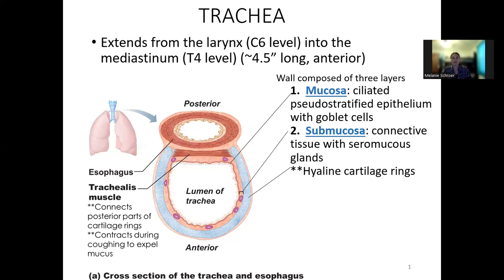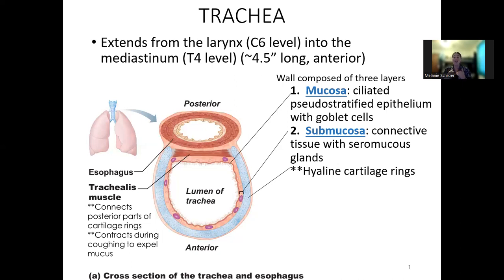In addition to just having some loose connective tissue, maybe with some glands embedded in there, maybe with some blood vessels embedded in there to feed this epithelial tissue lining, what is really distinctive about the trachea is that it has hyaline cartilage rings. And in fact, if you touch your throat here, you can actually feel all of those ridges, and those ridges are actually the hyaline cartilage rings.